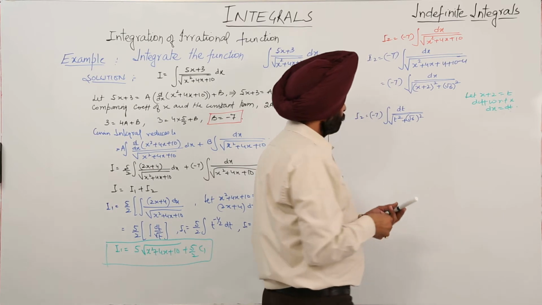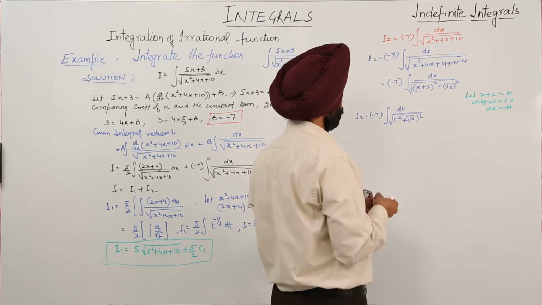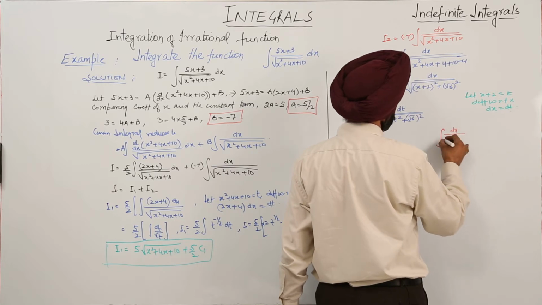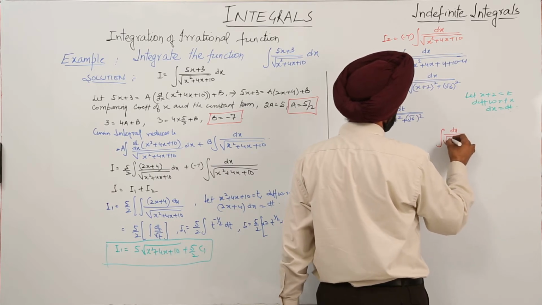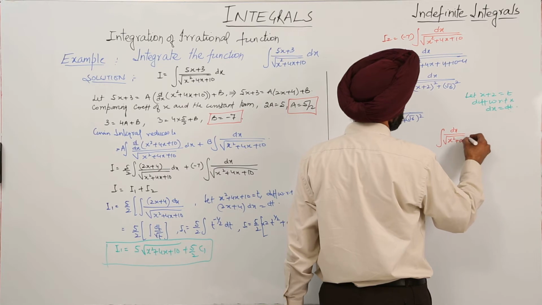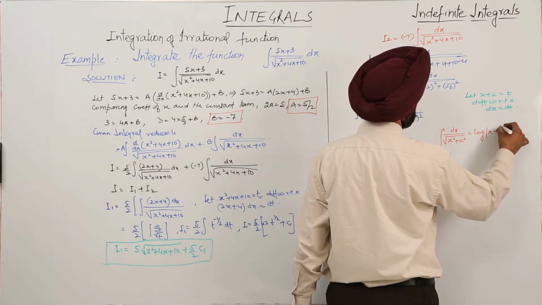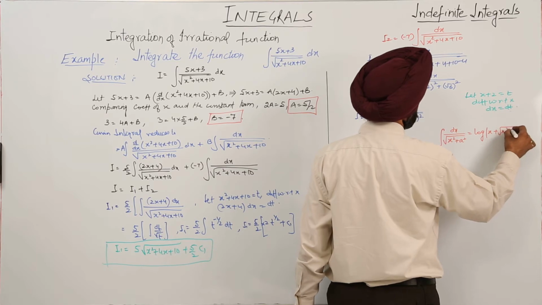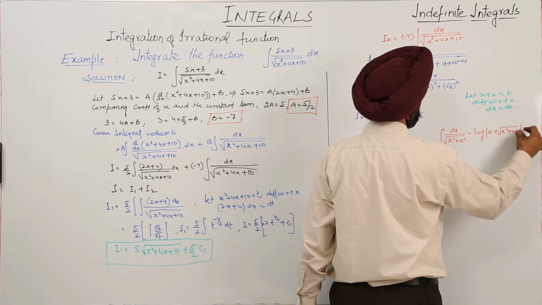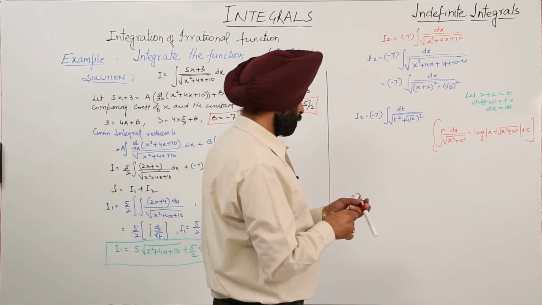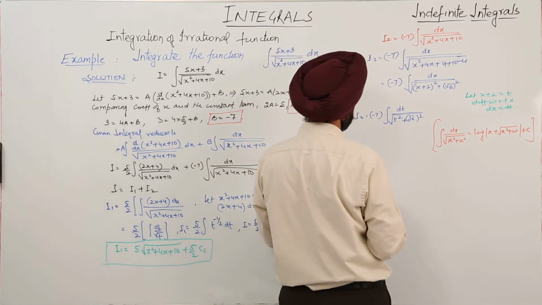Now the formula which we have derived was integration of dx upon root of x square plus a square is equal to log of x plus square root of x square plus a square plus c.